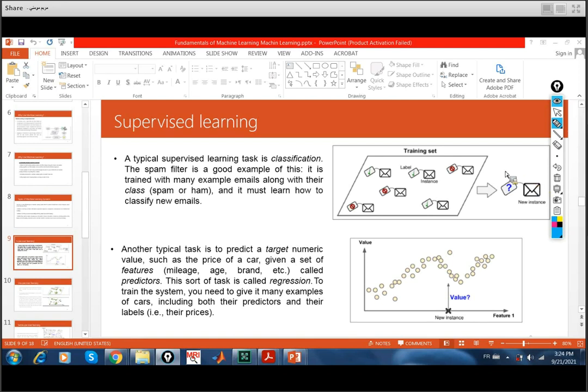This email also has a label, but we must know whether the system recognizes it correctly or not. If it recognizes it, we don't have error.